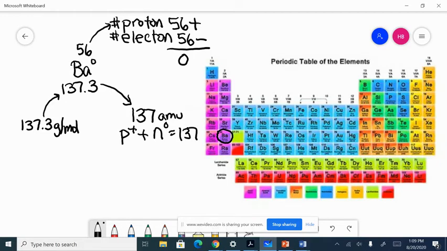So we know this barium, in order to be barium, every barium has 56 protons. Remember, electrons are so small that we don't consider their mass.